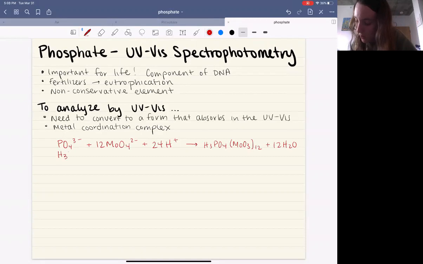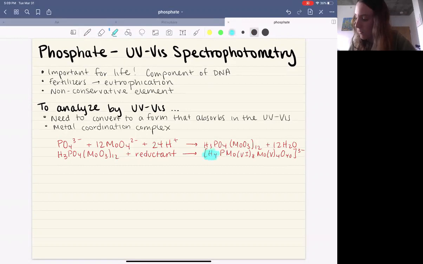So we take that product and we're going to react it with a reductant to form our colored product. Okay. So this product is blue.